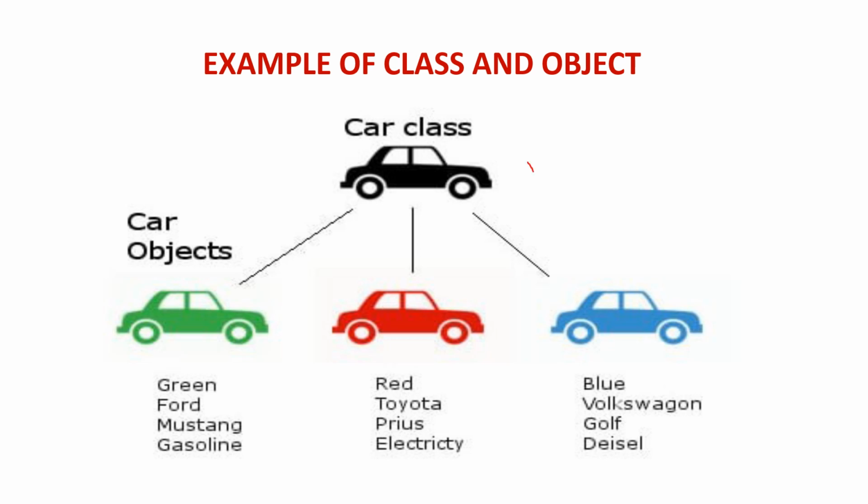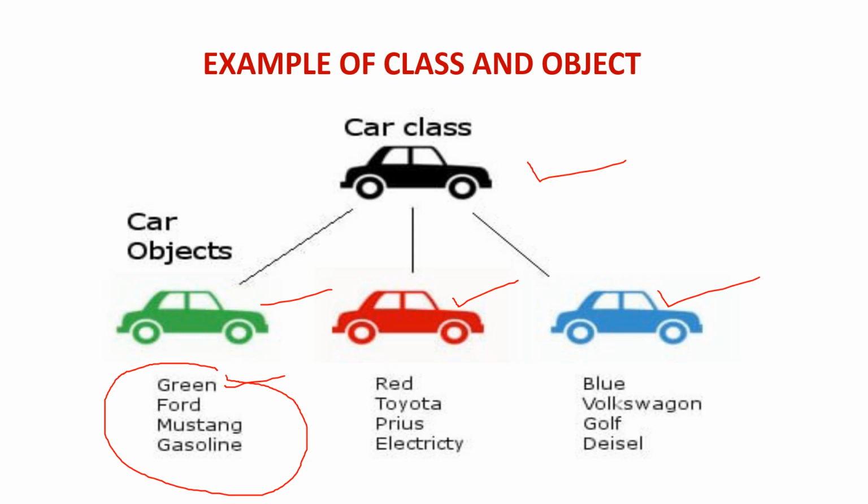Here car is a class and Ford, Toyota, Volkswagen are the objects of the class car. The properties of the class car are color, the company, the place it is manufactured, and the type of fuel. So these are four properties of the car, three objects, and car is a class.